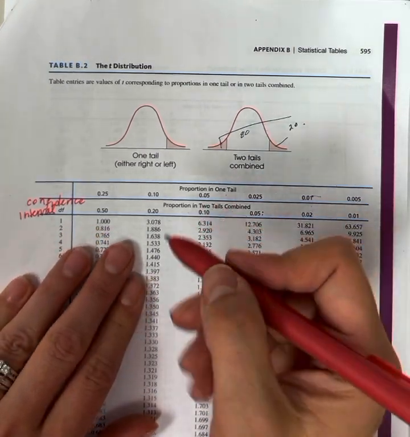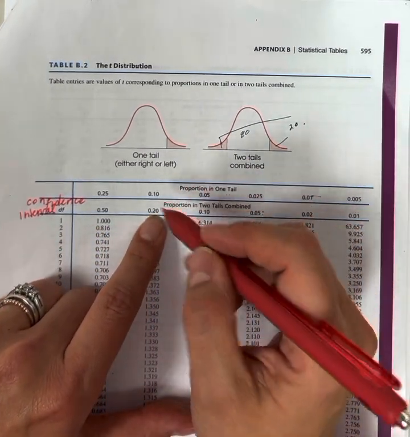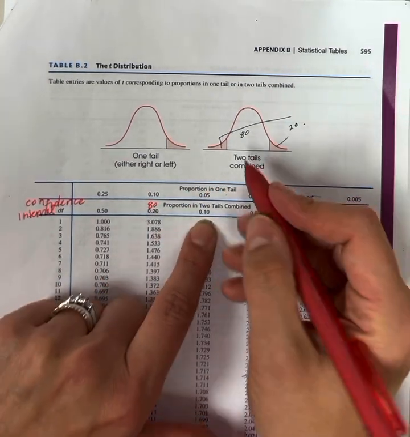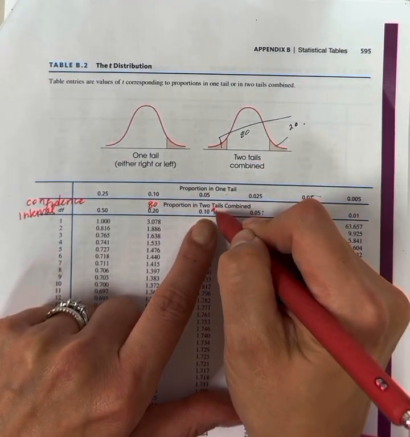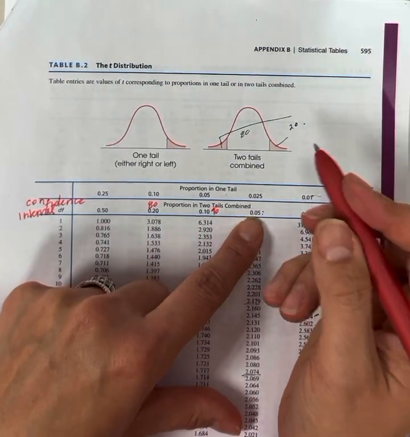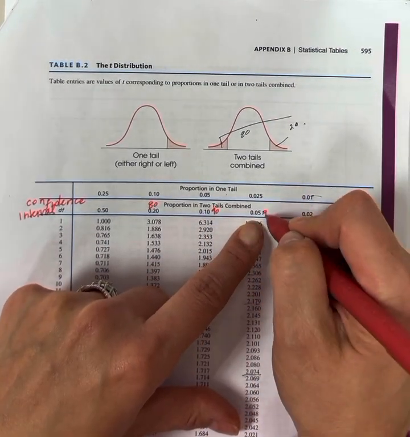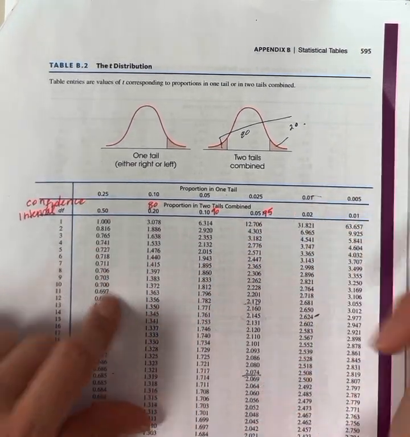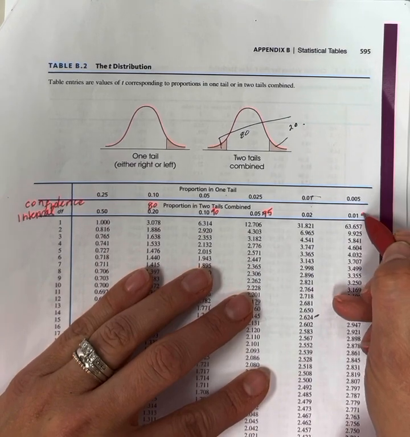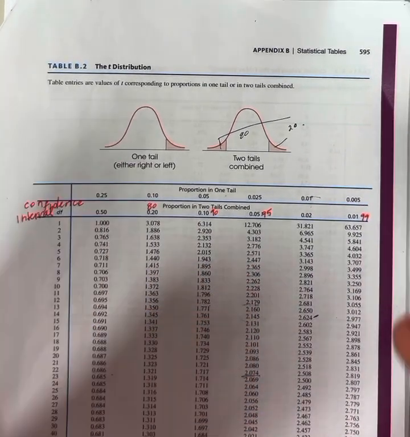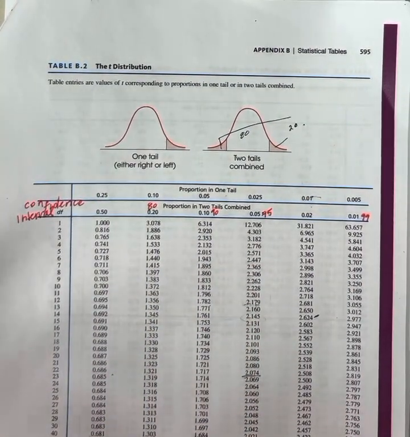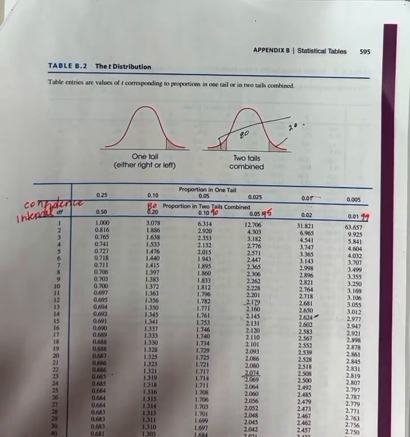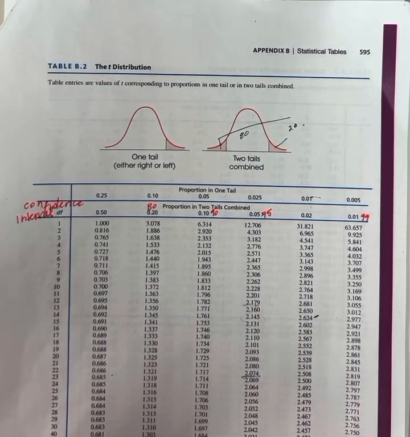And then proportion in two tails combined. If there's 20% in the tails, then there's 80% in the middle. If there's 10% in the tails, then there's 90% in the middle. If there's 5% in the tails, then there's 95% in the middle. This one we don't really use, and you might see this one, 99. Because if there's 1% in the tails, then there's 99% in the middle, because the area under the curve always adds to 100.